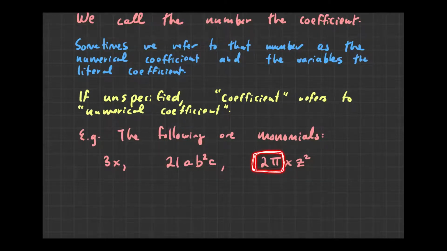Pi is a number, approximately 3.14. So this is like 6.28 times x times z squared. That's a product of a number, the numerical coefficient, and the literal coefficient, which is x times z squared.